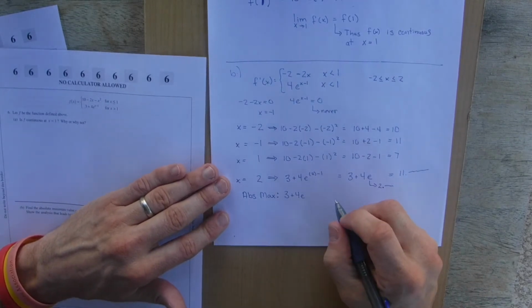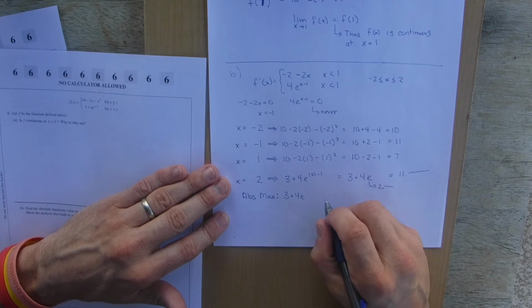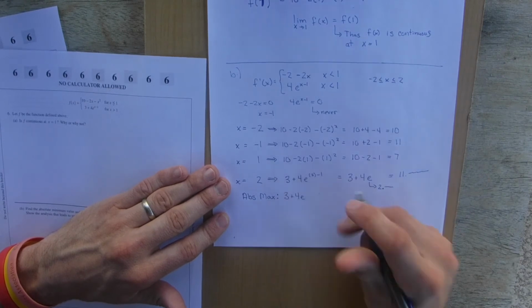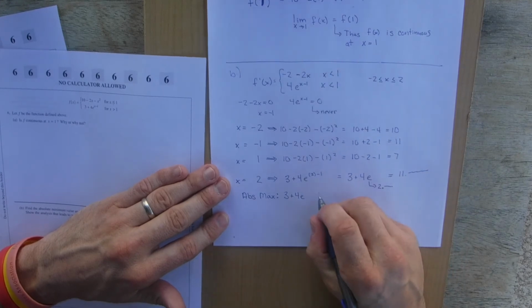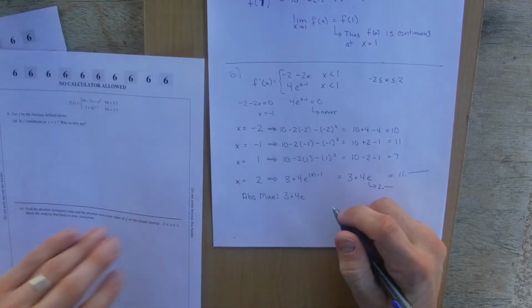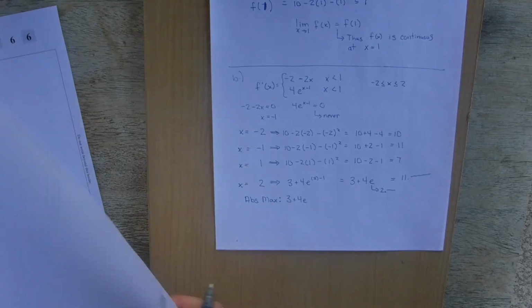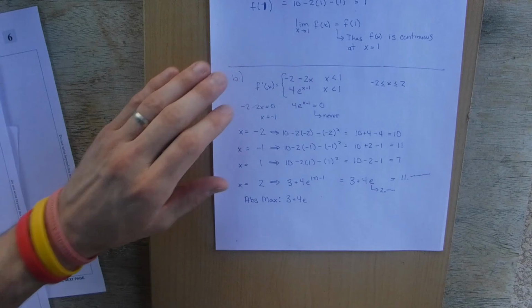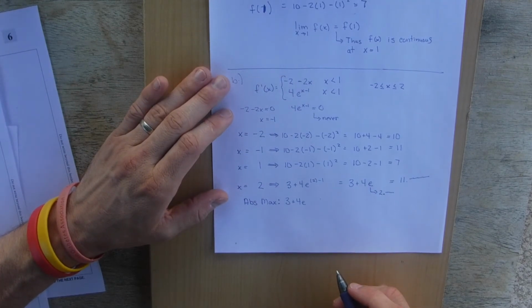And then, how do I know this? Well, I did the candidates test. I think this is pretty much explanation enough. It's the candidates test at x is equal to 2.